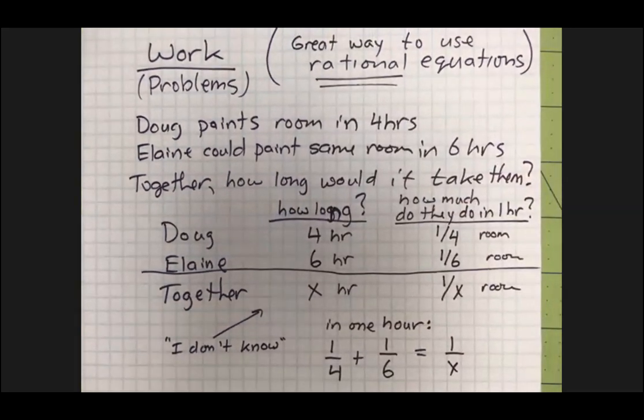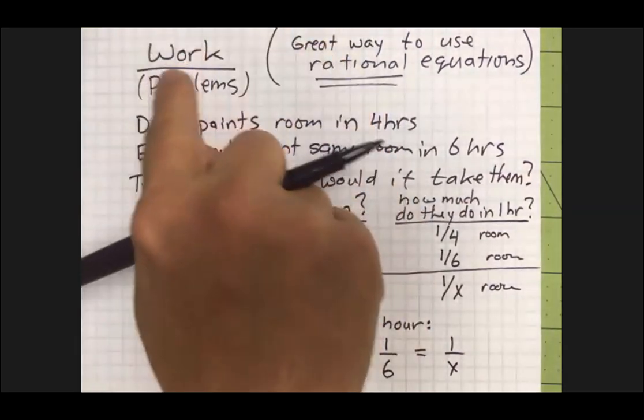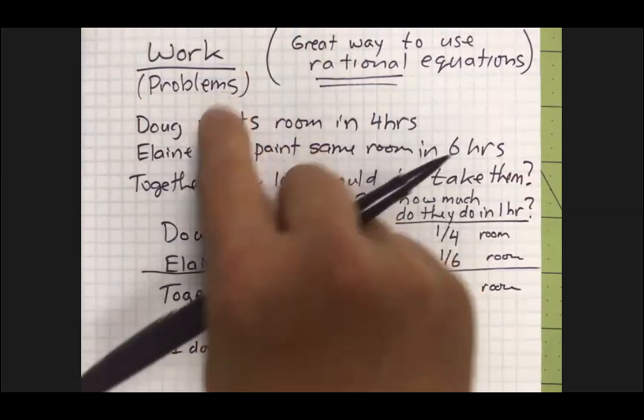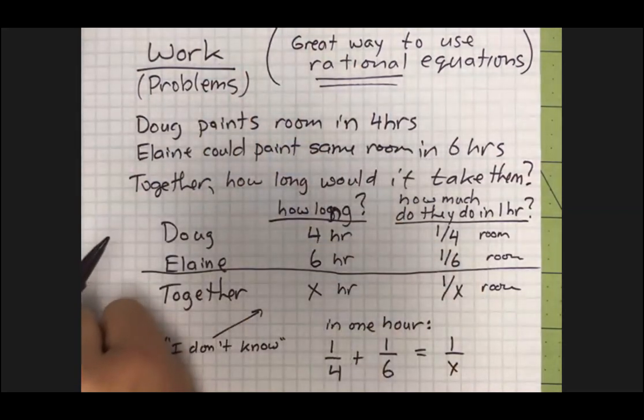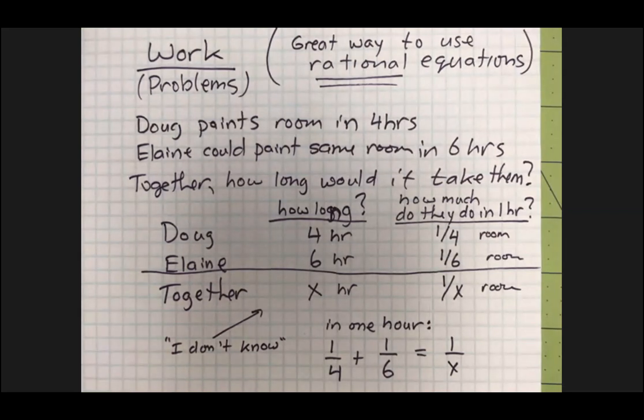So these are traditionally called work problems. When you say, this person works this fast and this person works that fast, or later, the faucet fills the tub in 20 minutes and this other faucet fills the tub in 10 minutes. You know, two things working together.